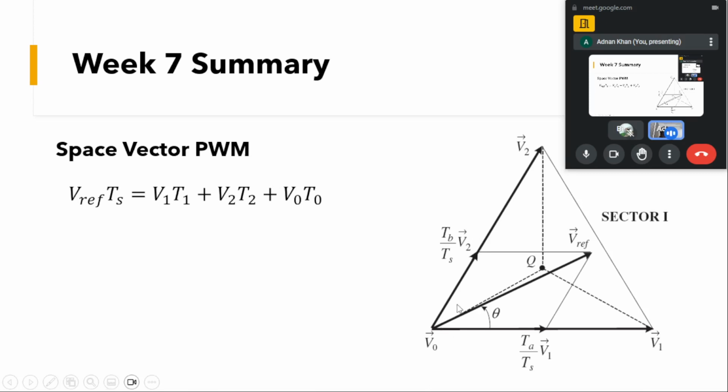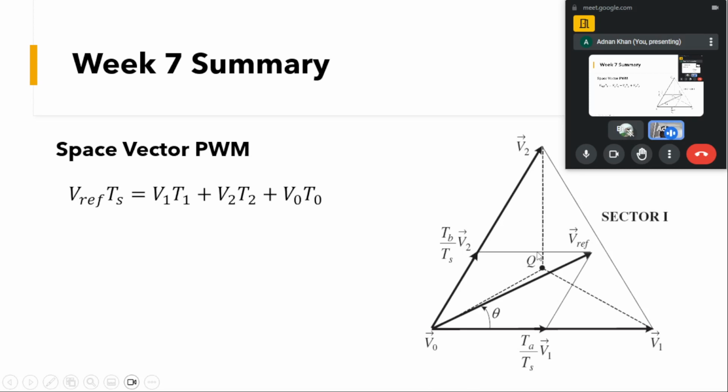If you can see here, the point Q, if this vref exactly lies at the center of this line between v1 and v2, that means we have to switch v1 and v2 for the exact same amount of time, so that this v reference will be at the center.